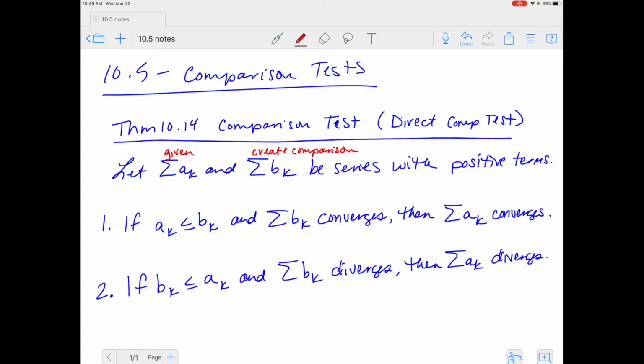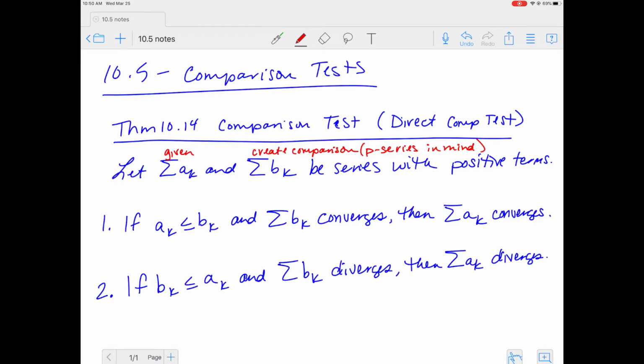You are going to create this comparison with the P series in mind. All right? So A sub k is what's going to be given to you automatically. Then you are going to create this B sub k comparison series here, both of them have positive terms, of course, but with the P series in mind.